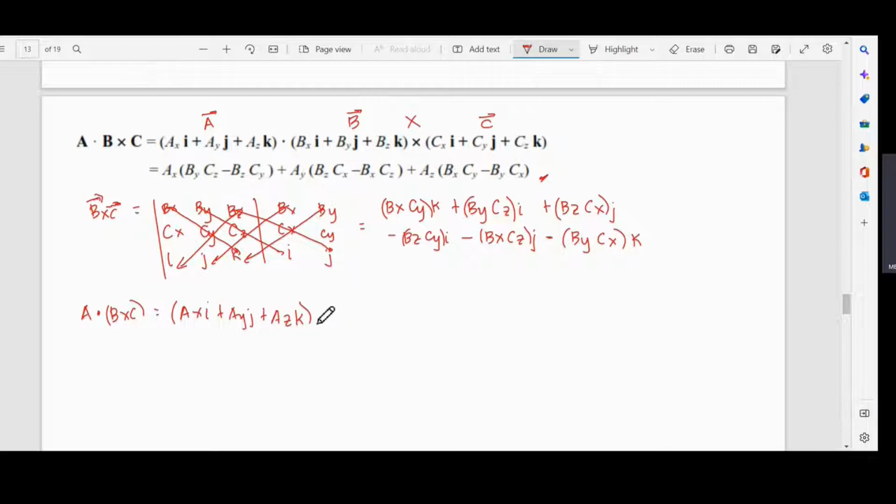Okay, dot product. Dot product na tayo ng B cross C. So, copyin lang natin to.